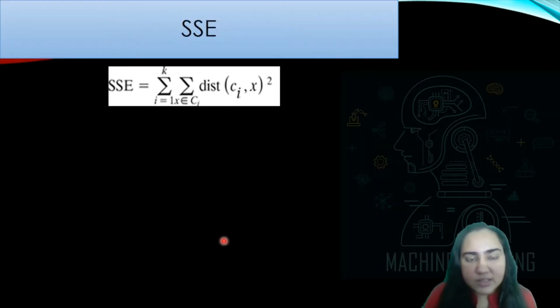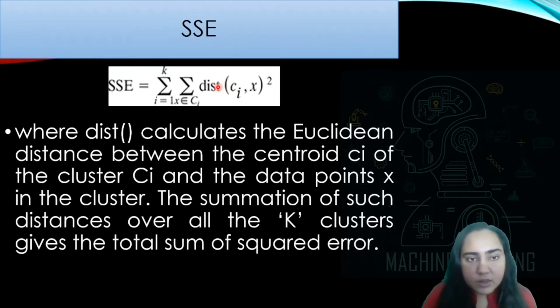Now, what is SSE? SSE stands for sum of squared errors, which we saw earlier. And I told you I'll show you the formula. So this is the formula for it, okay? Here, the distance is the Euclidean distance. We have talked about this as well previously. So distance is the Euclidean distance between the centroid, which is Ci, and the data point, which is x, for which you're calculating. You will calculate this distance for all the points that you have in one particular cluster, and then take the square of all these distances and add them.